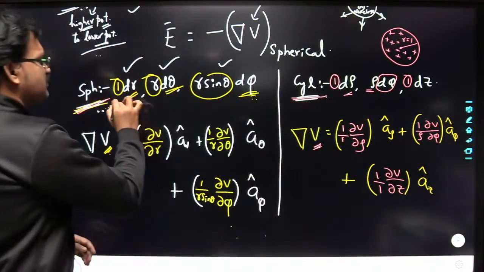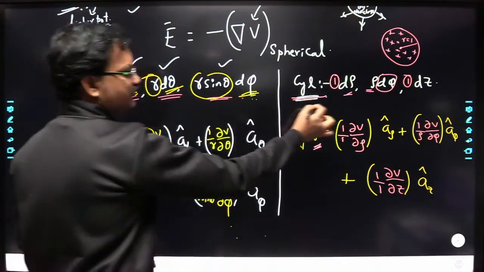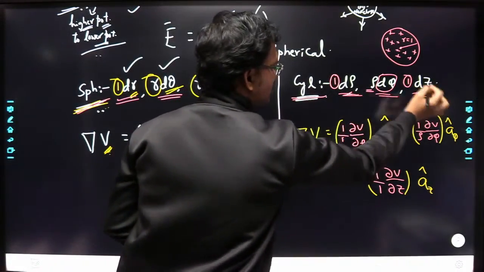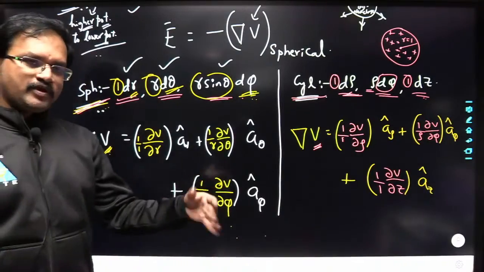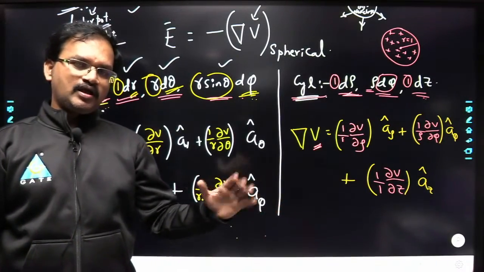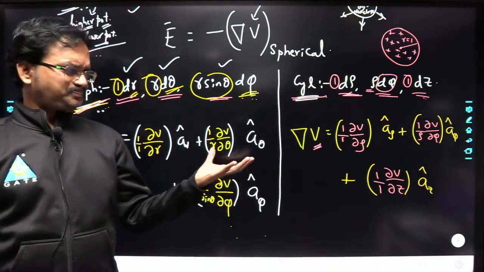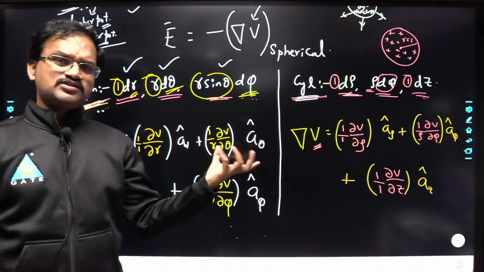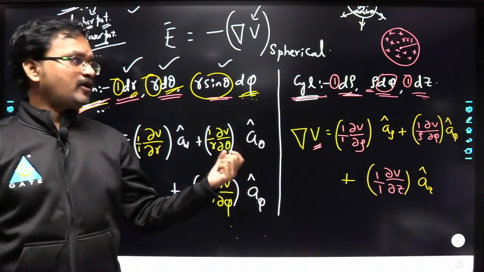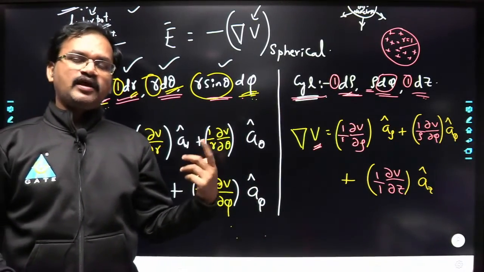See, if you remember these differential lengths, then it is going to be very simple. Whatever topic you take throughout electromagnetics, this coordinate system and the basics of vectors, all these things are going to play a very important role.